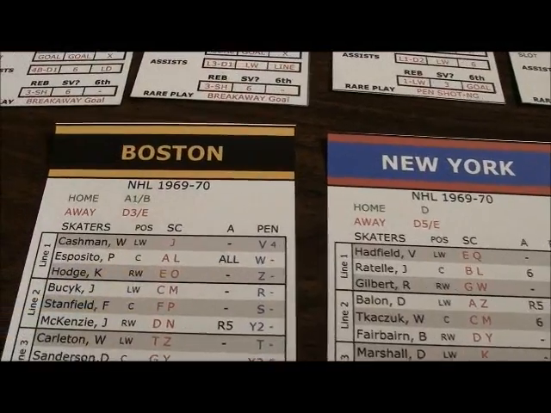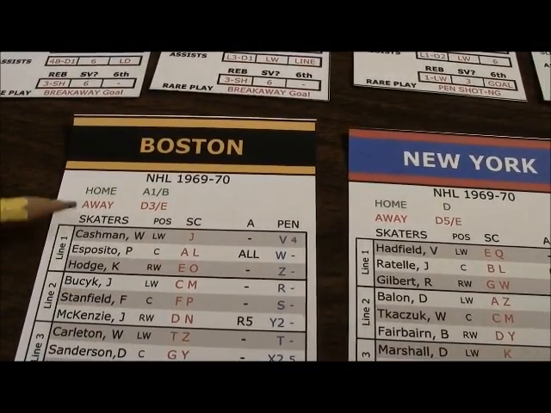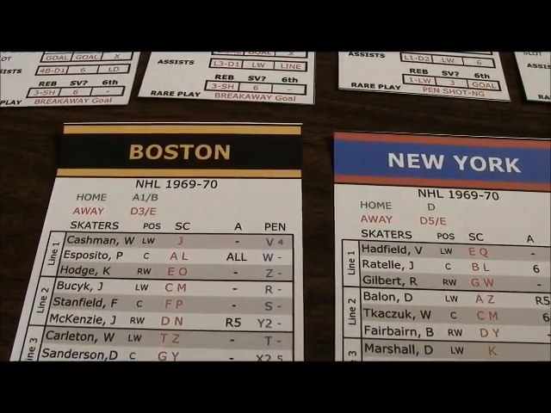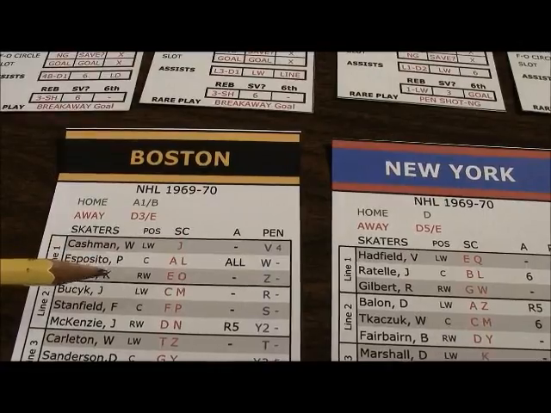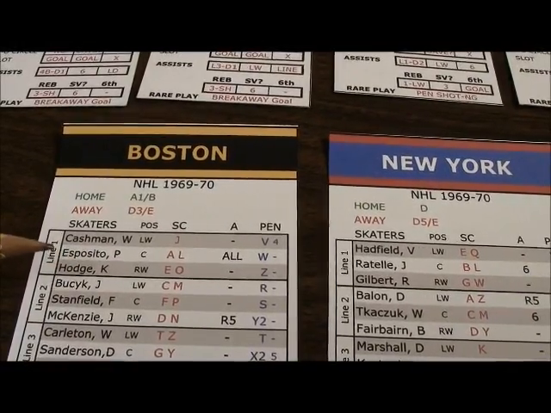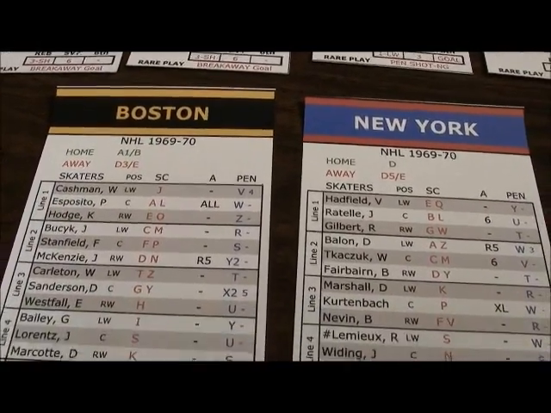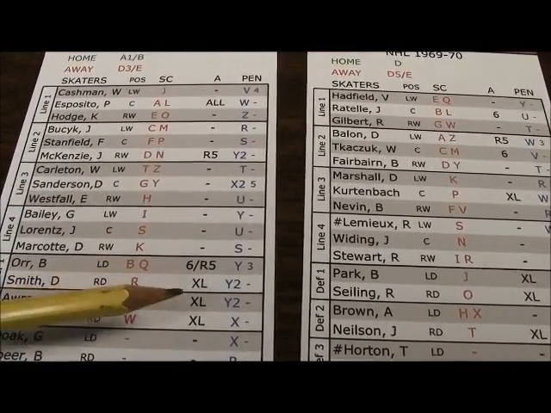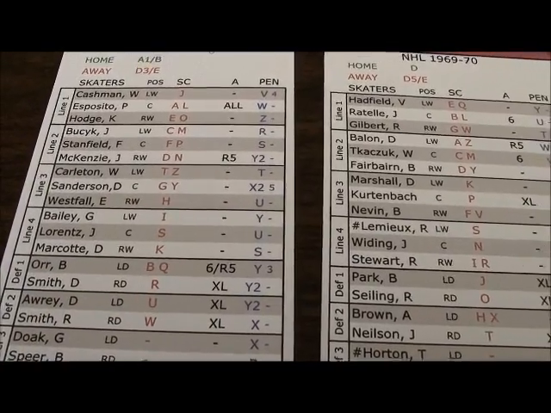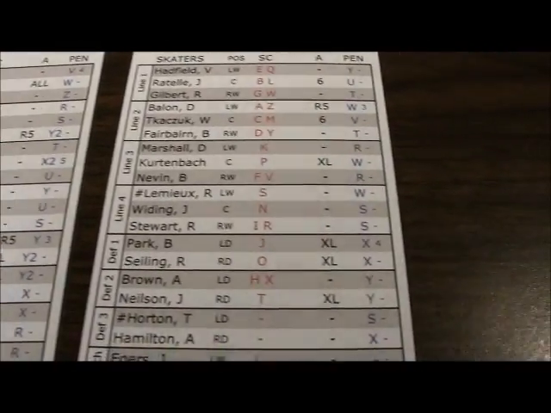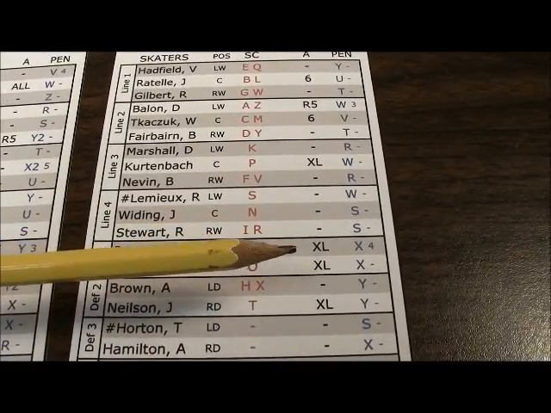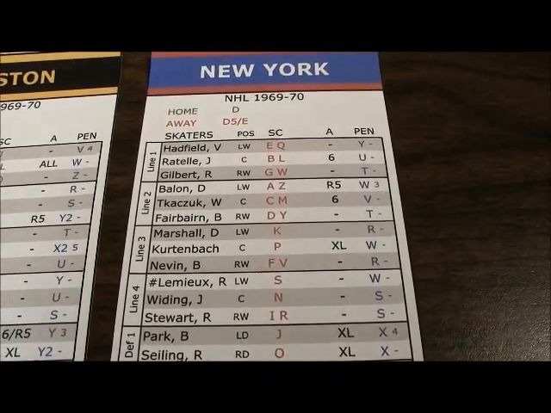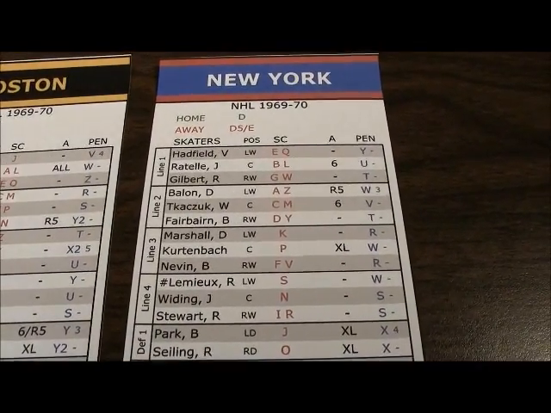And that is every time that this player's forward line, Phil Esposito, every time his forward line is on the ice and a goal is scored, he automatically gets an assist. Except if he's the goal scorer, of course. Some players can even have both the 6 and the R5, in the case of Bobby Orr. And finally, the last rating is this XL, and this is for players who have a below average number of assists relative to the other players on their line.